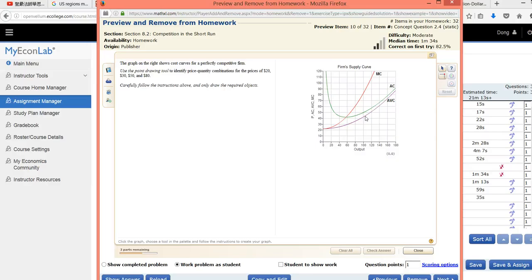But what's special about this optimization problem is that for the competitive firm, because revenue equals price times quantity, and the price is given for the firm, the marginal revenue basically equals the price.